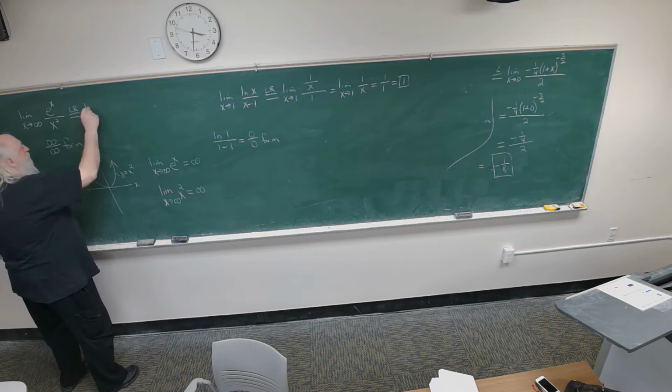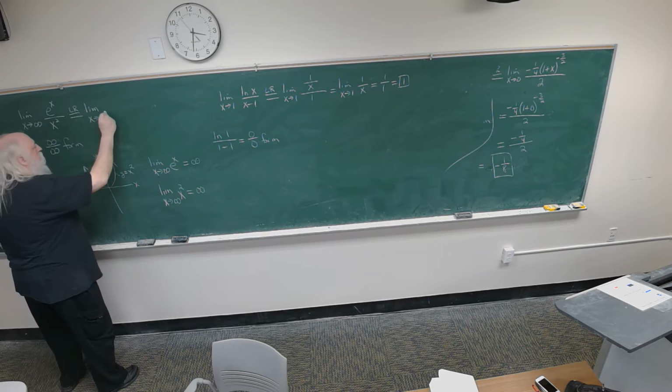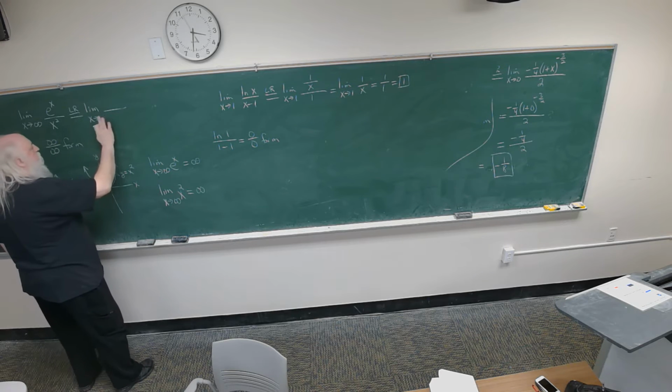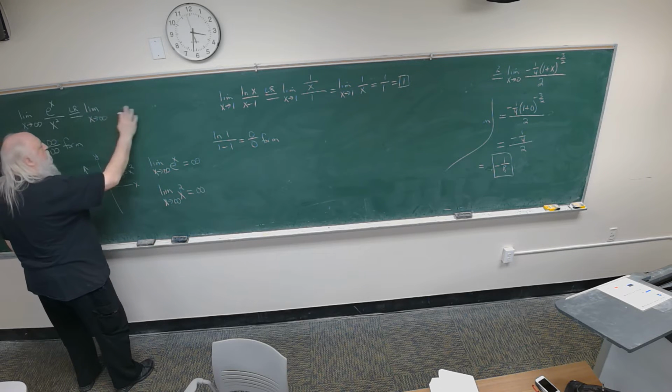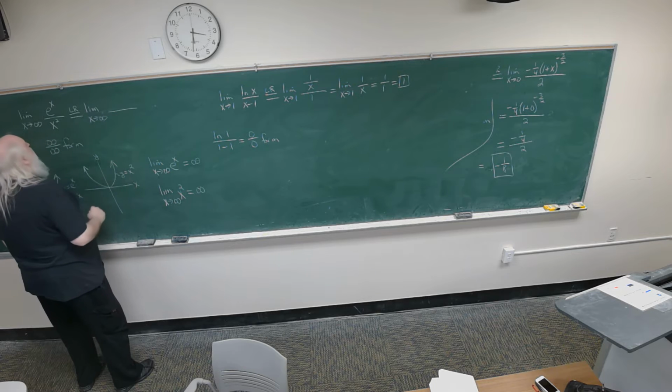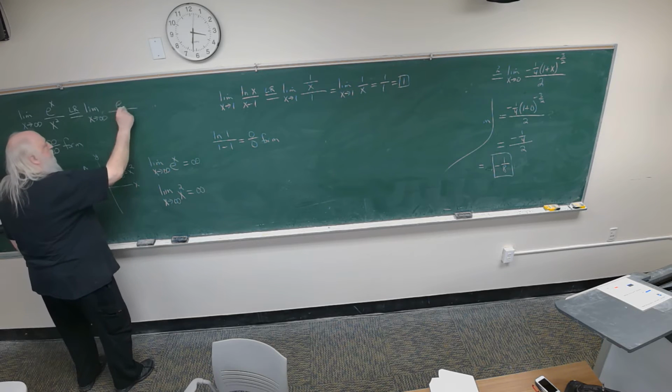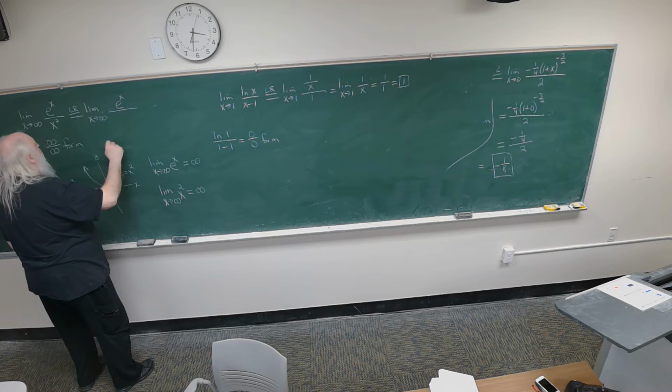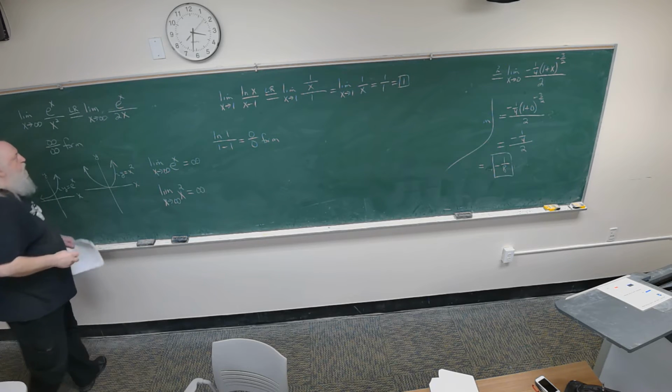We differentiate the numerator and the denominator. The derivative of e to the x is e to the x. The derivative of x squared is 2x.